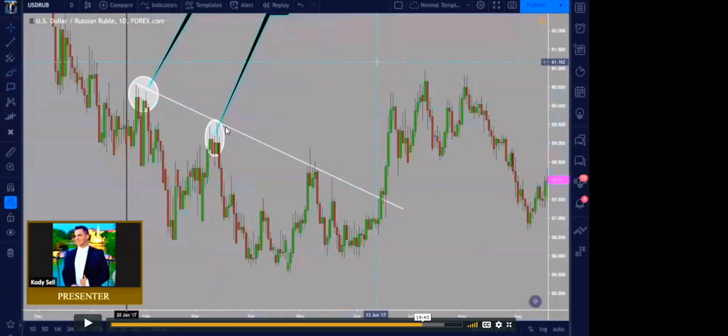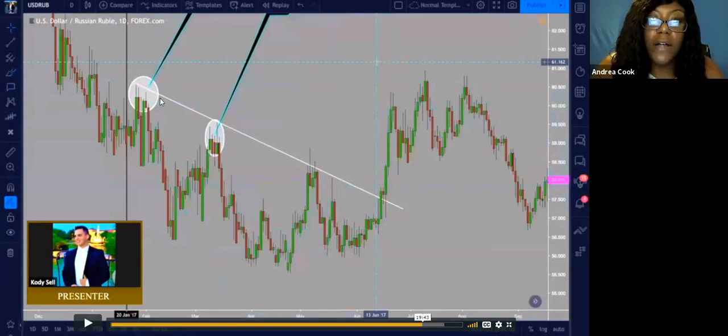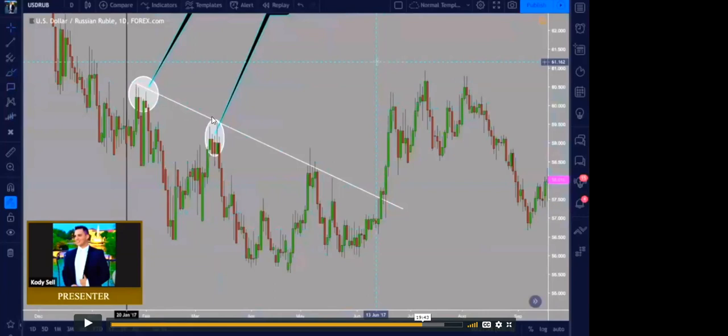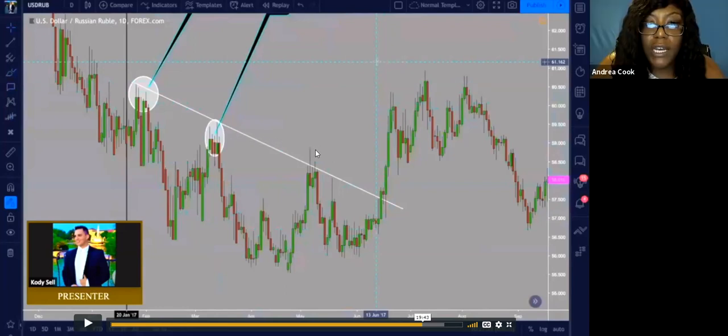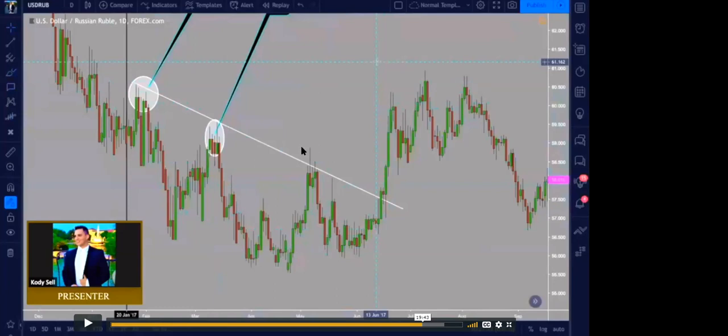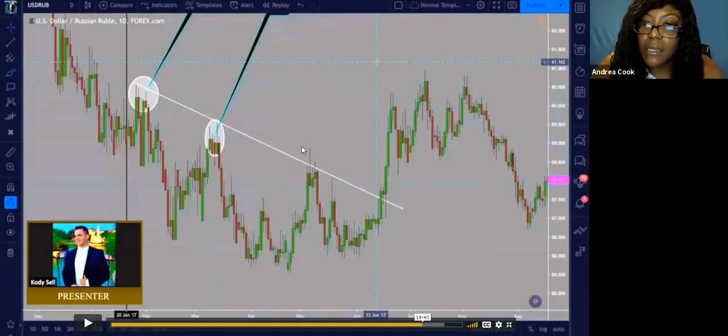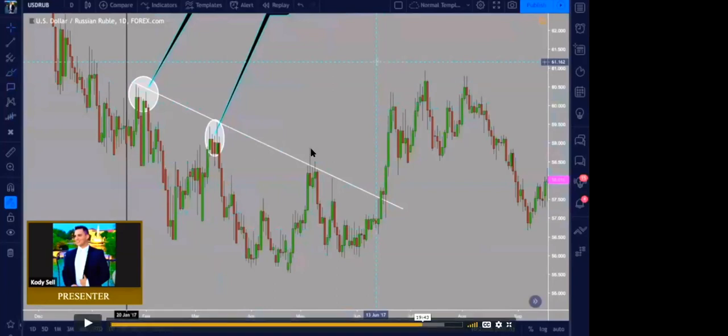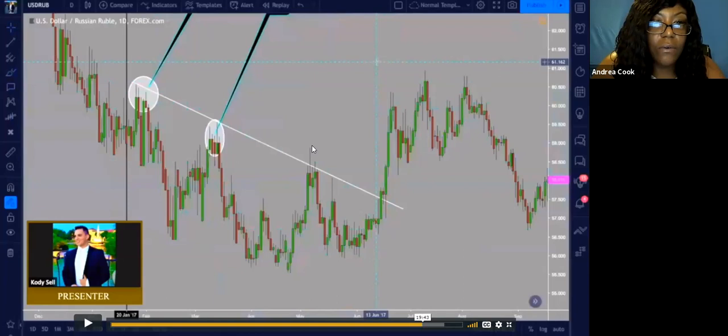This is where some people would draw another trend line, and they would draw it from here. This would be touch one, and they would make sure that it includes the wick of this candle here. That's the outermost boundary. Does that make sense to everybody? The young lady that asked that question, do you understand now?